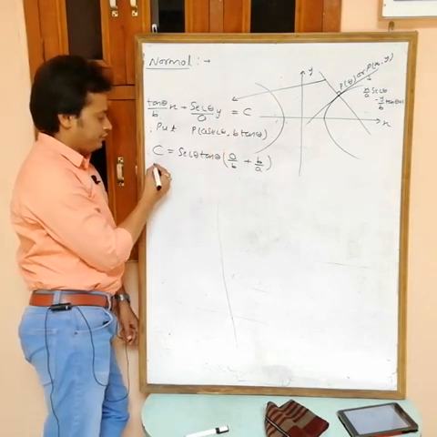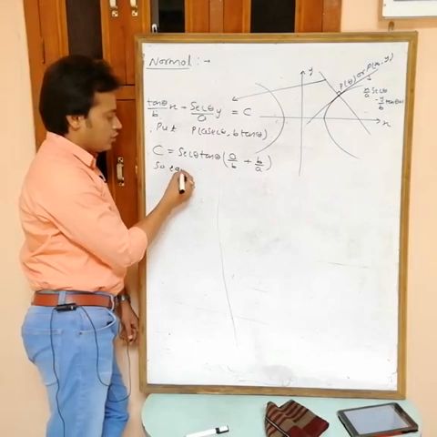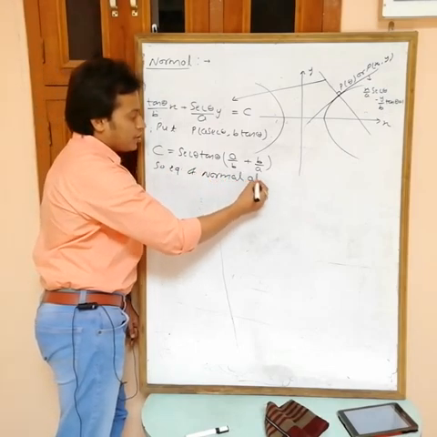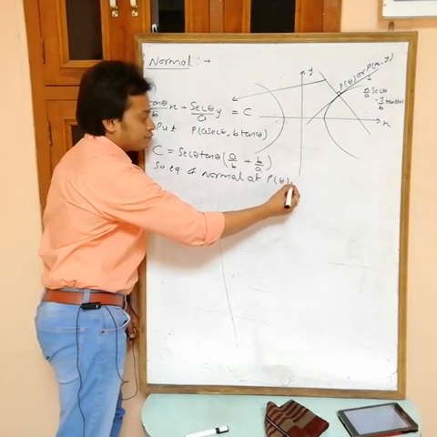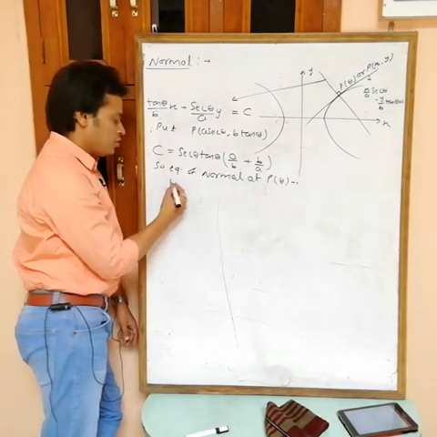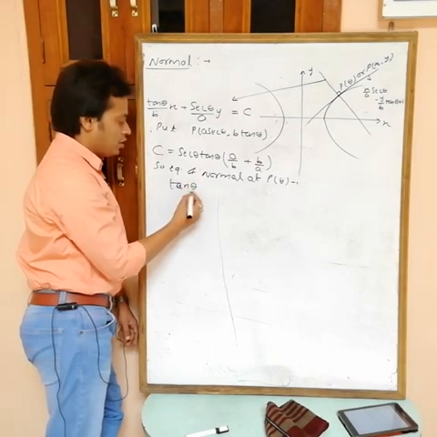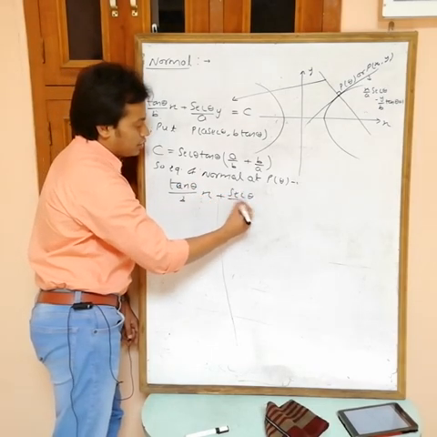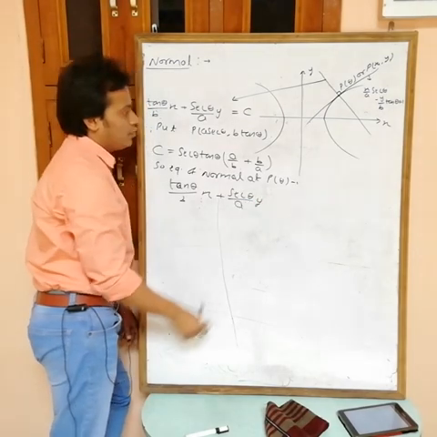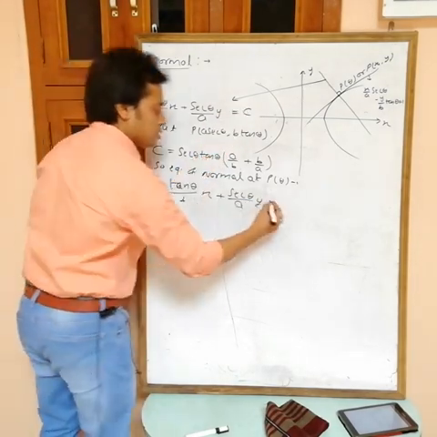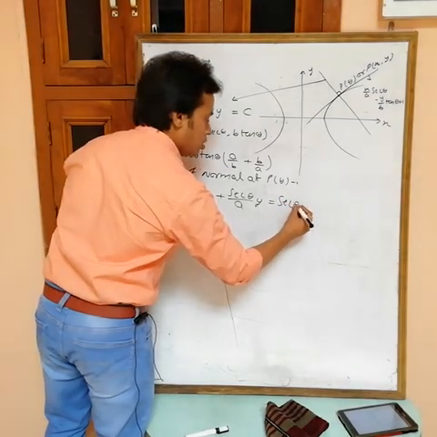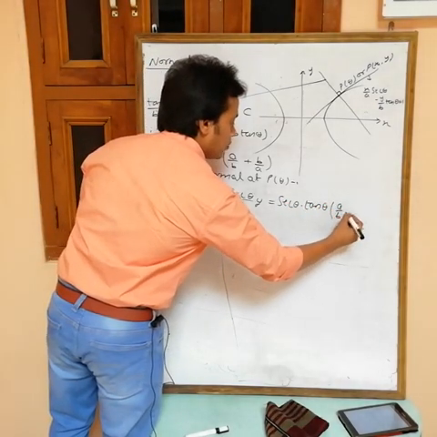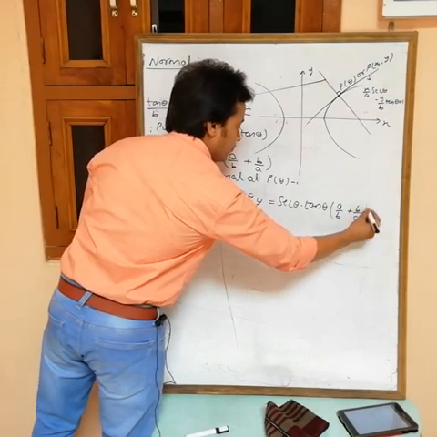So equation of normal at P is tan theta by b into x plus sec theta by a into y equal to c, where c is sec theta into tan theta into a by b plus b by a.